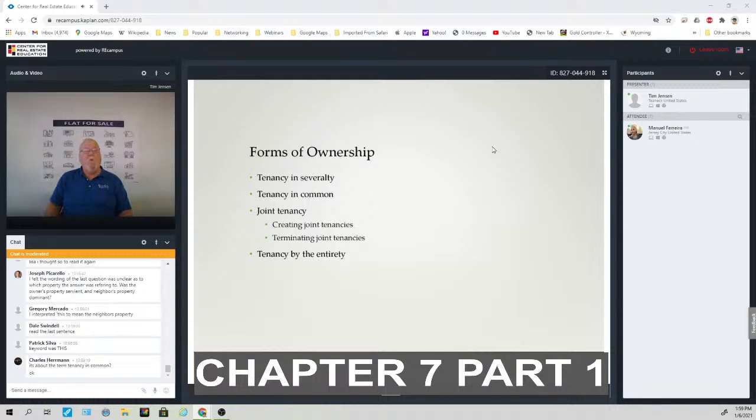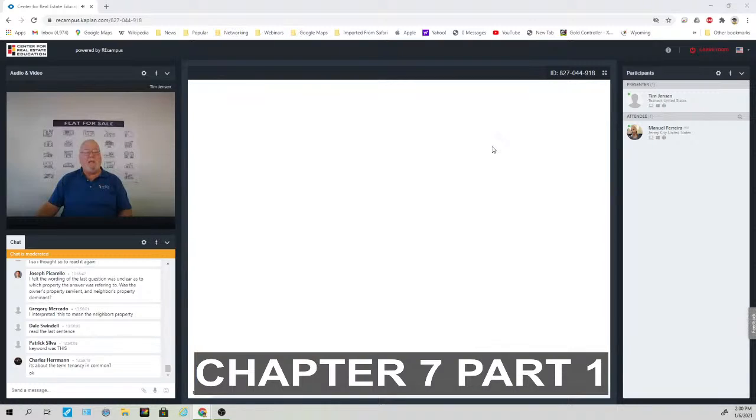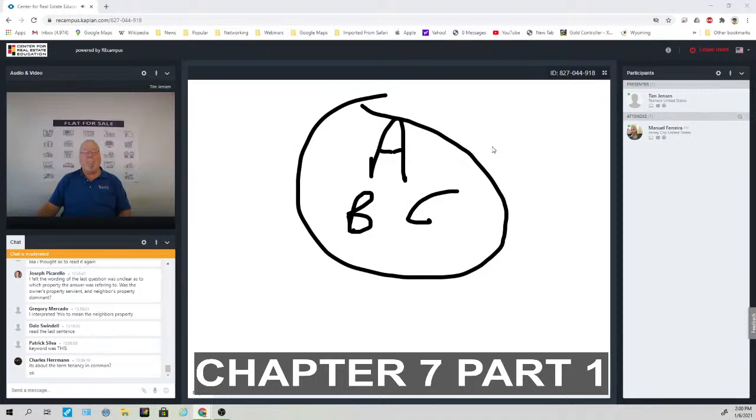Now, what if there are two or more people wishing to own property? Well, there's options here now, guys. Let's say A, B, and C want to own property together. So you have A, B, and C all owning one piece of property. A owns 50%. B and C own 25% each. Together, they own 100% ownership interest.